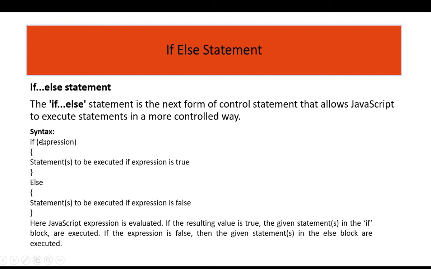For example, if expression, statements to be executed if the expression is true. In the else part, if the condition fails, the following statements will be executed. Let's make changes in the same program.